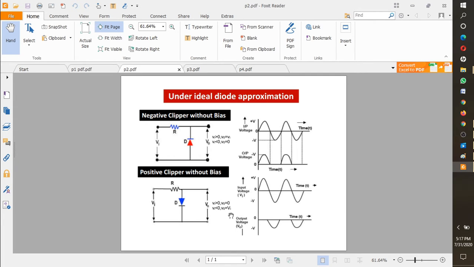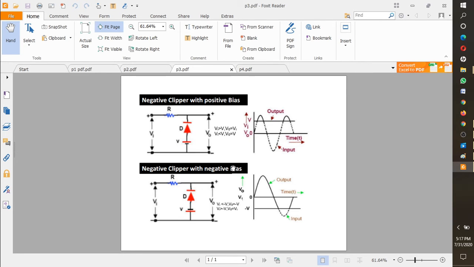For Vi less than 0, the diode is reverse biased, so this path is now open and as a result we will get input voltage as it is in the output.